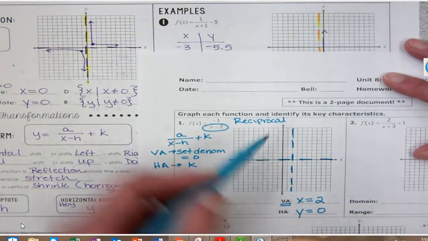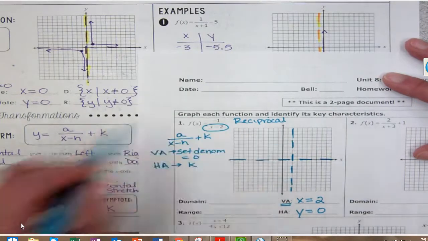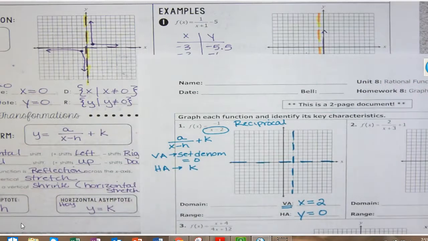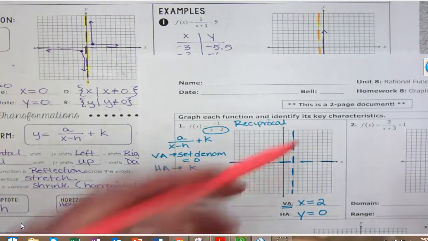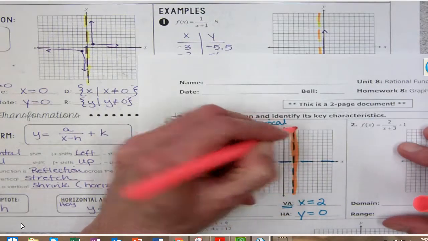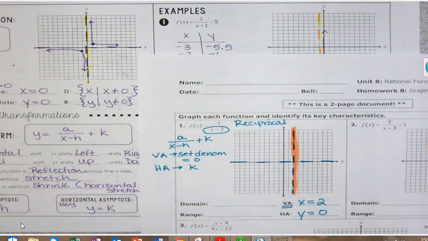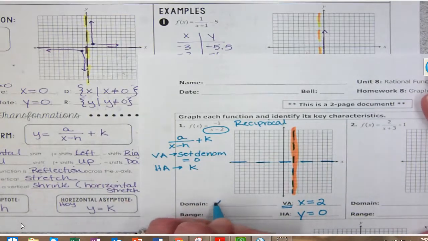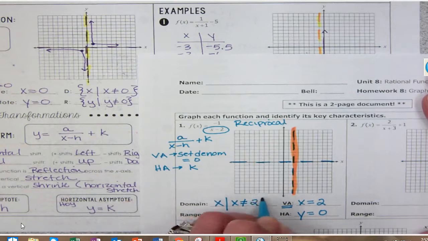Then I know that for my domain, x can never be this number. This is a barrier. That is an asymptote. It's a barrier. X can never be that number. X can be any other number, it just cannot be 2.